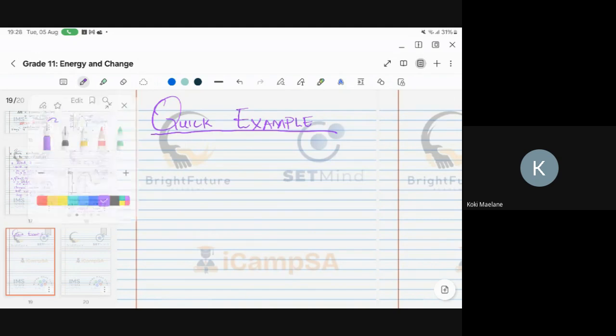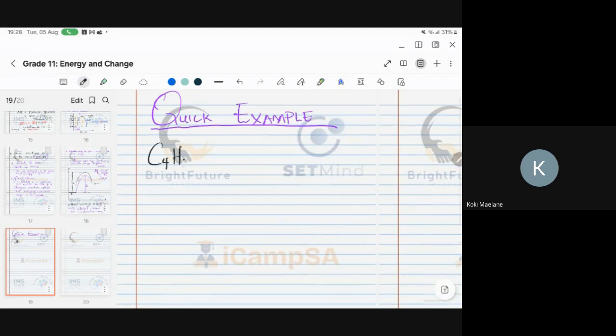A typical exam situation, you'd be given a chemical equation. Well, let's say they're burning methane. Now, this is not methane. Methane is CH4, right? This is likely butane. Yeah, this should be butane.